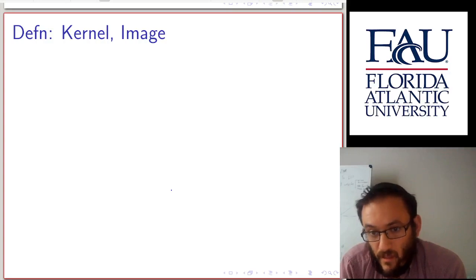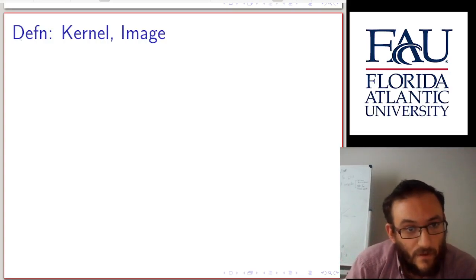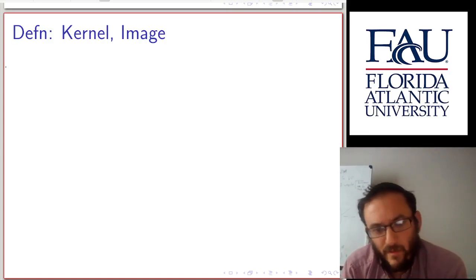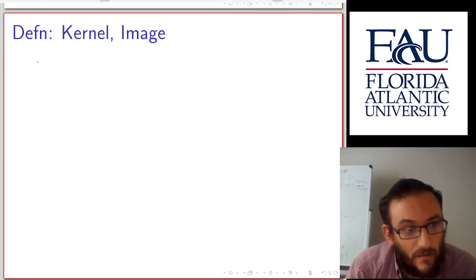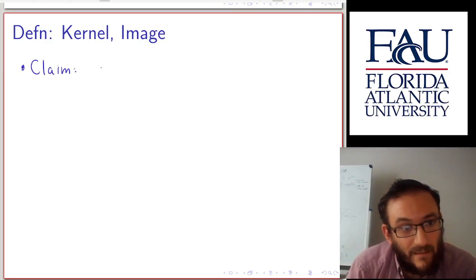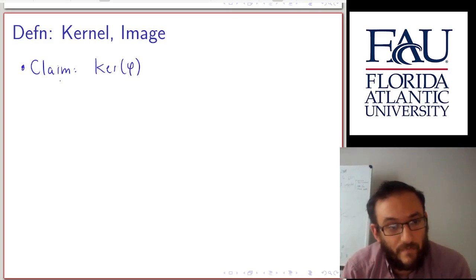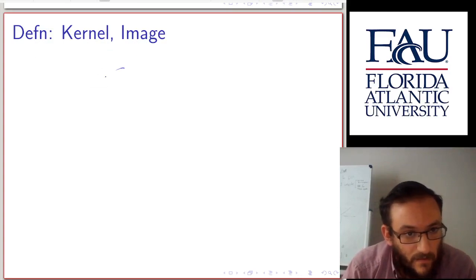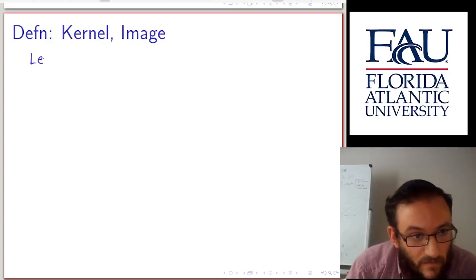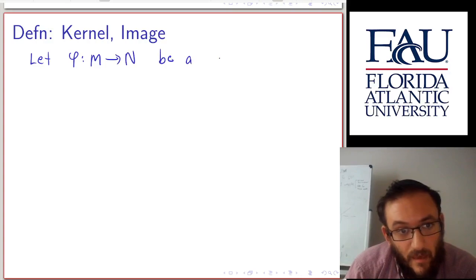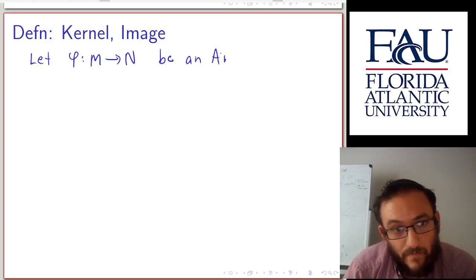Now we can talk about the kernel and image of this map. So the definition also makes a bit of a claim, so we're going to claim first that the kernel of a module homomorphism, so actually let's, for the sake of notation, let phi from M to N be an A module homomorphism.